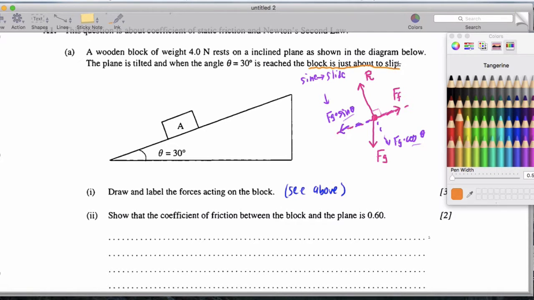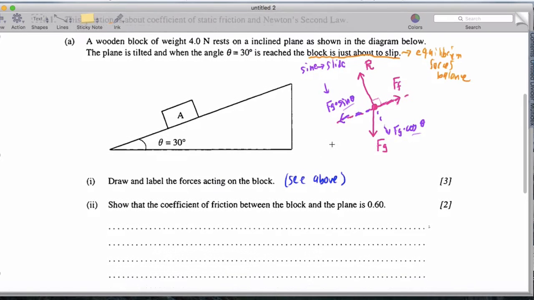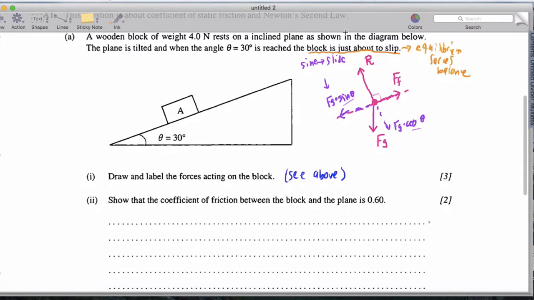Just about to slip means equilibrium. That means the forces balance at first. So now I need to set up equations. Also, let's be clear. In this, our x and y components go this way. This is the y, and this is the x.